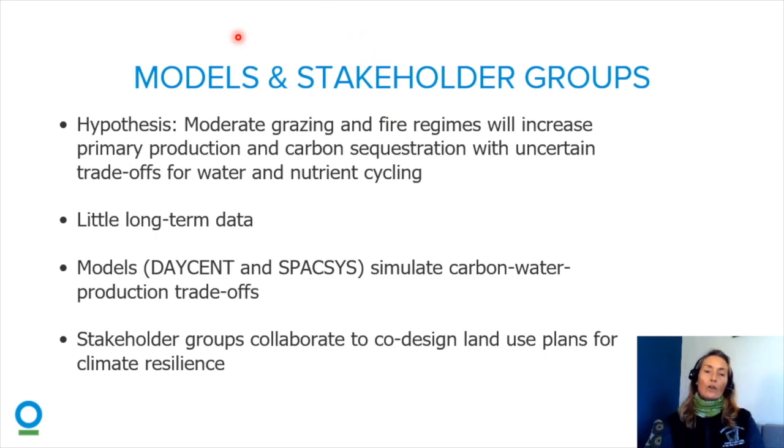Now we have little long-term data from those communal areas, so we are using long-term data from experimental sites together with models to simulate carbon water production trade-offs, and then adjusting those models for the communal sites. And then we take those models to stakeholder groups and work with them to co-design land use plans that are suitable for them, but also increase climate resilience.